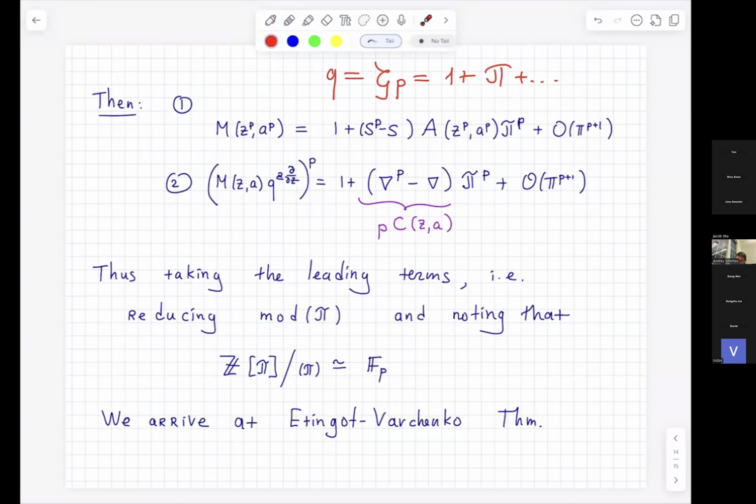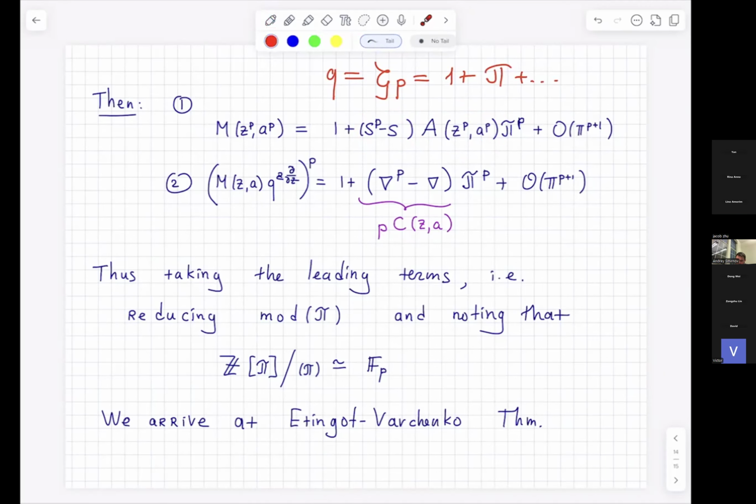And you do this expansion over pi, and then in the first non-trivial term, you will find that your matrix is exactly the connection matrix. So it's exactly the matrix of quantum multiplication by the first Chern class, in which all variables are raised to the power p. And you have to multiply this matrix by this extra factor s to the power p minus s. Well, the reason why it's here, I just explained.